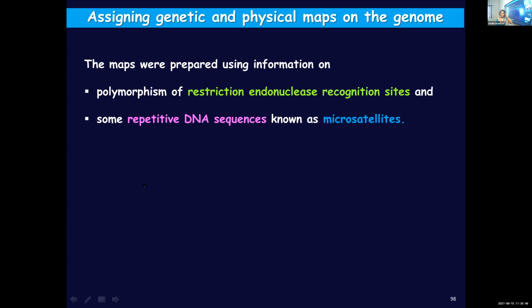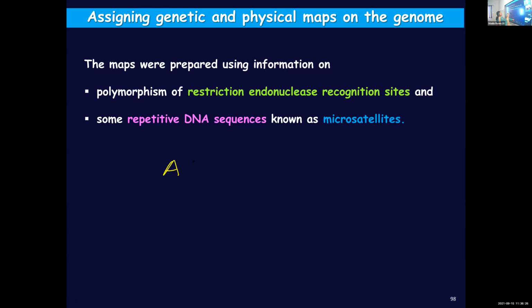Those recognition sites are different in different people. And the mapping is also based on microsatellites. Microsatellites are DNA sequences which keep on repeating. In our DNA, certain sequences keep repeating, and those sequences are known as microsatellites.